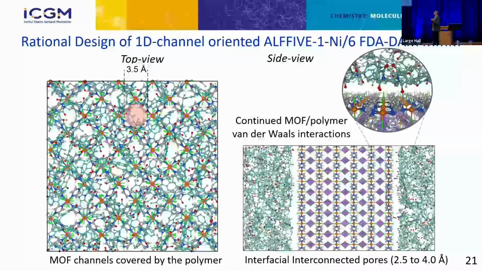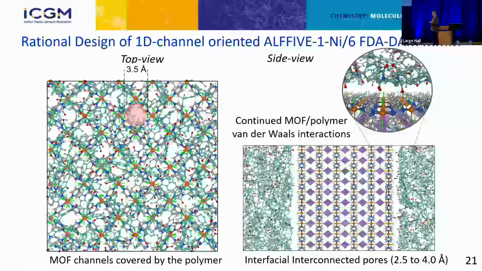And when you look at the side view, where you see the interface created with this composite, you have a corridor section which is maintained by a continuous van der Waals interaction between the MOF and the polymer. What is interesting is that in this corridor section you have interconnected pores of about 2.5 to 4 angstrom.